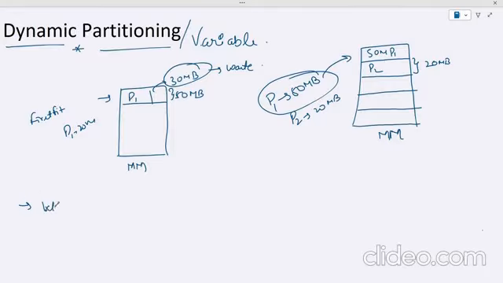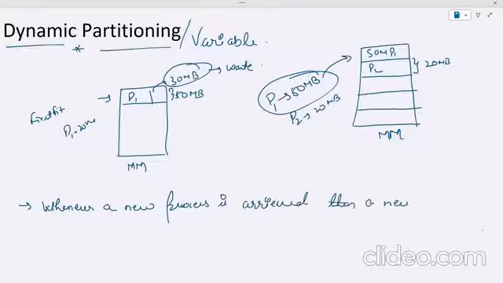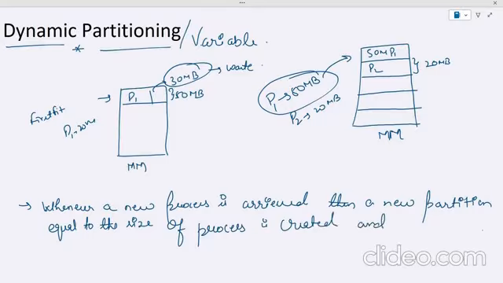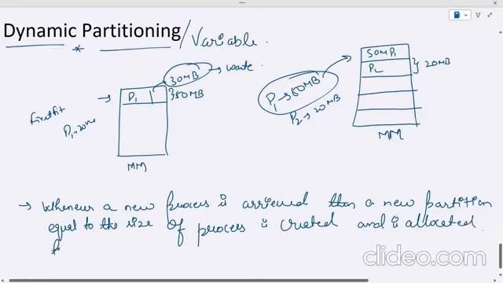So you write it like: whenever a new process arrives, then a new partition equal to the size of the process is created and allocated to the process.